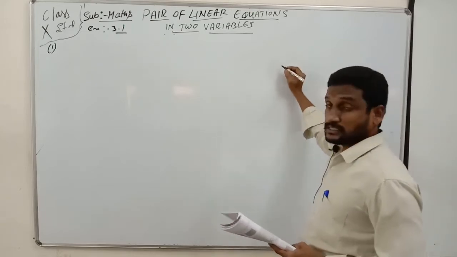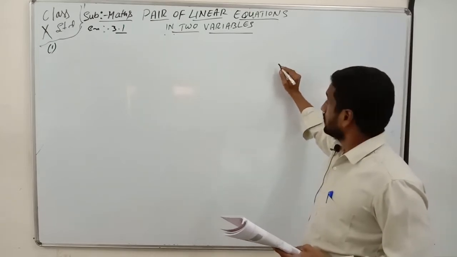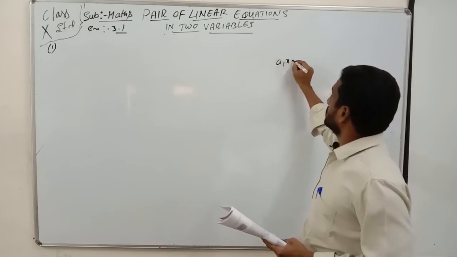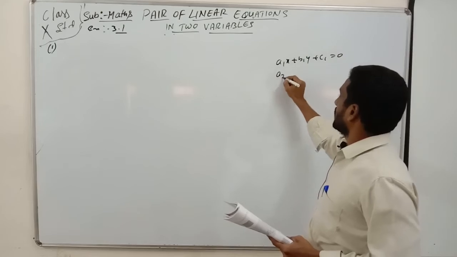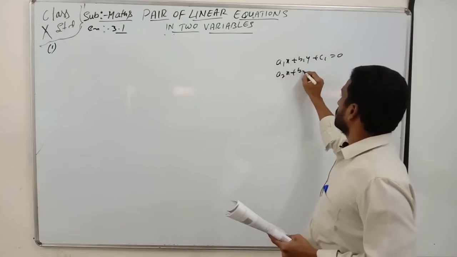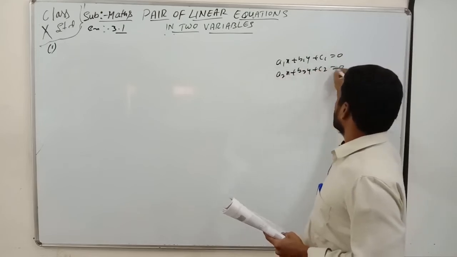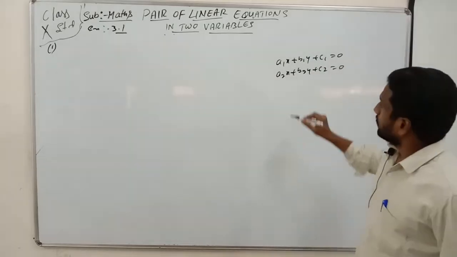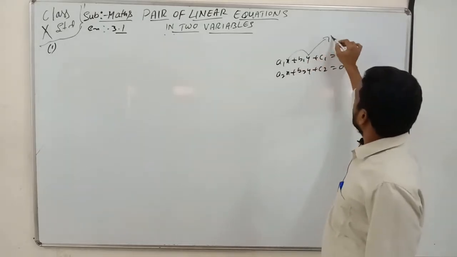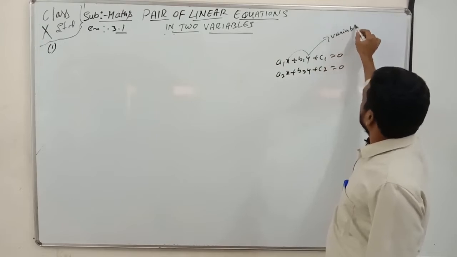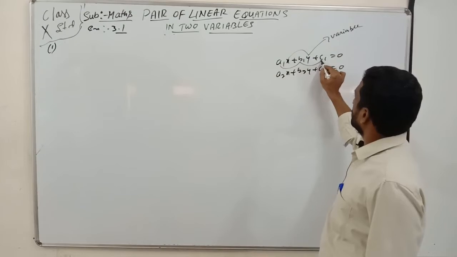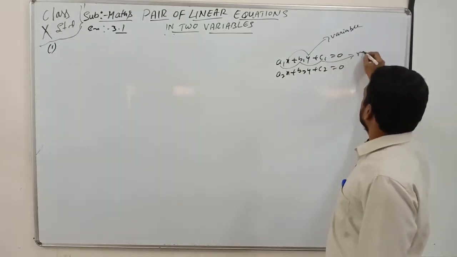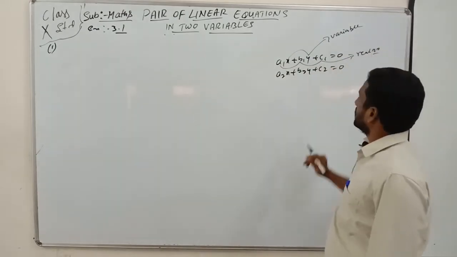Let us come to the general form of pair of linear equation in two variables. So always the equation is in the form of a1x plus b1y plus c1 is equal to 0, a2x plus b2y plus c2 is equal to 0. Where x and y are the two variables, and a1, b1 and c1 are the real numbers.